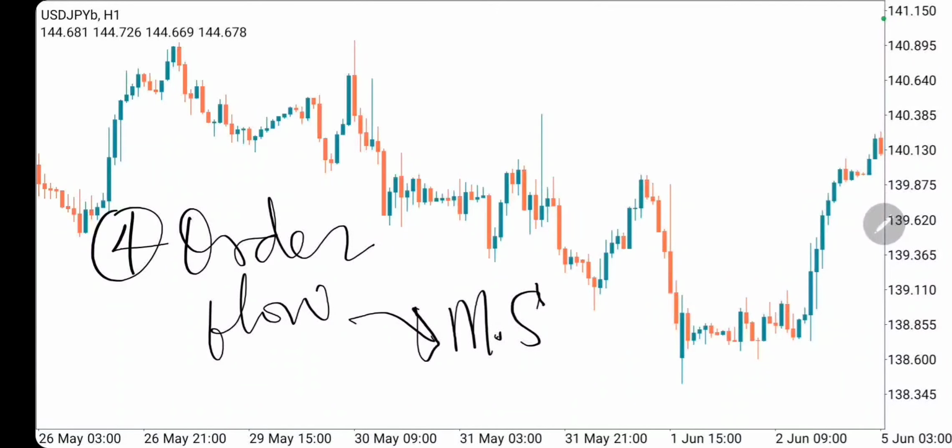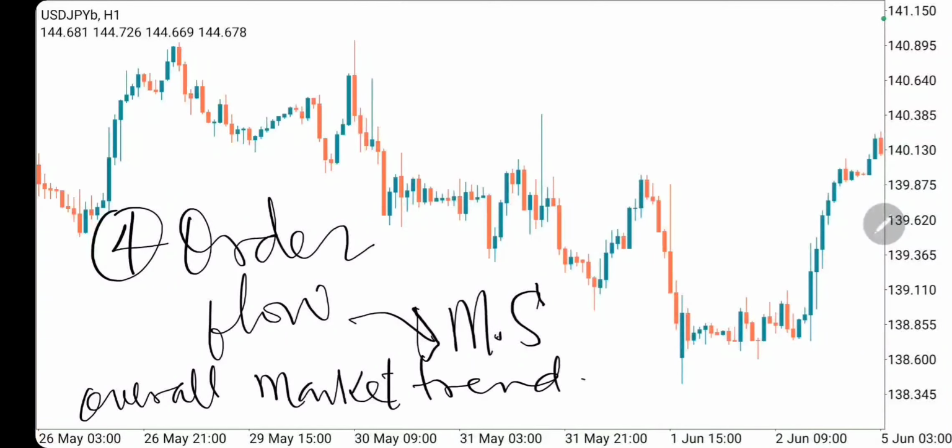Order flow shows the overall trend of the market. We can have a bearish order flow or a bullish order flow, which is the same as market structure.